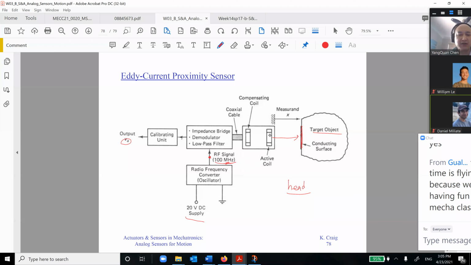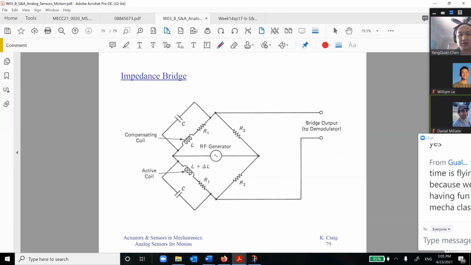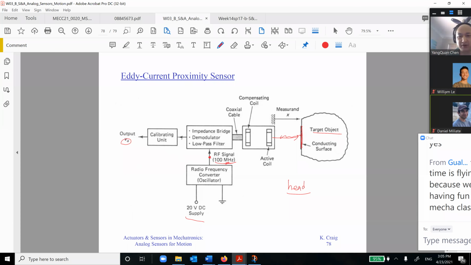Because of that, this magnetic field is generated here. If the distance is different, the strength of the eddy current will be different as well. Then you can read out the output, and that output signal will be proportional to the distance. So this is called an eddy current proximity sensor.